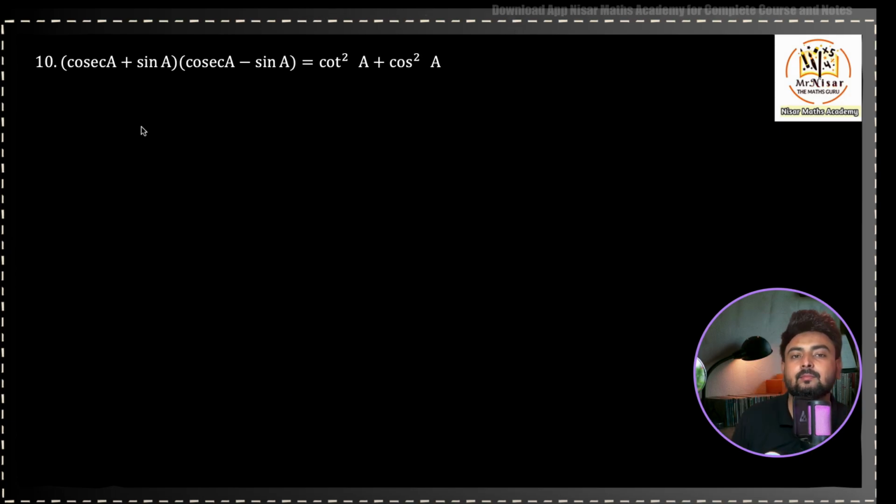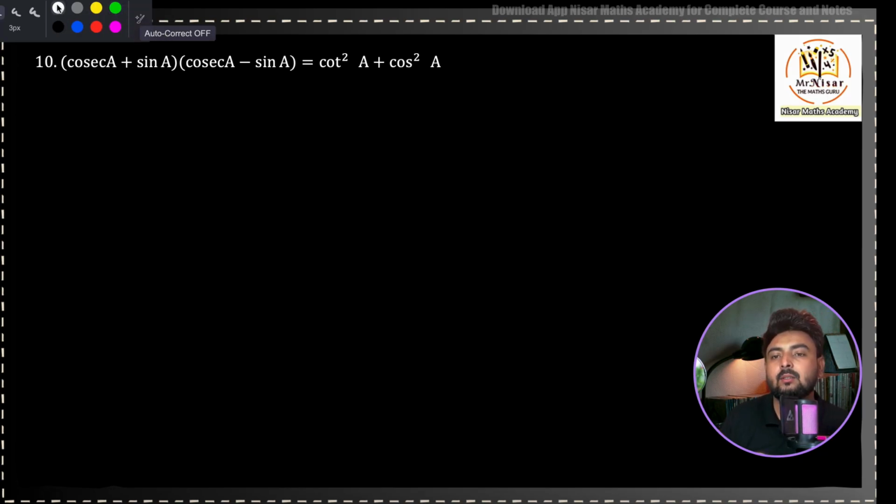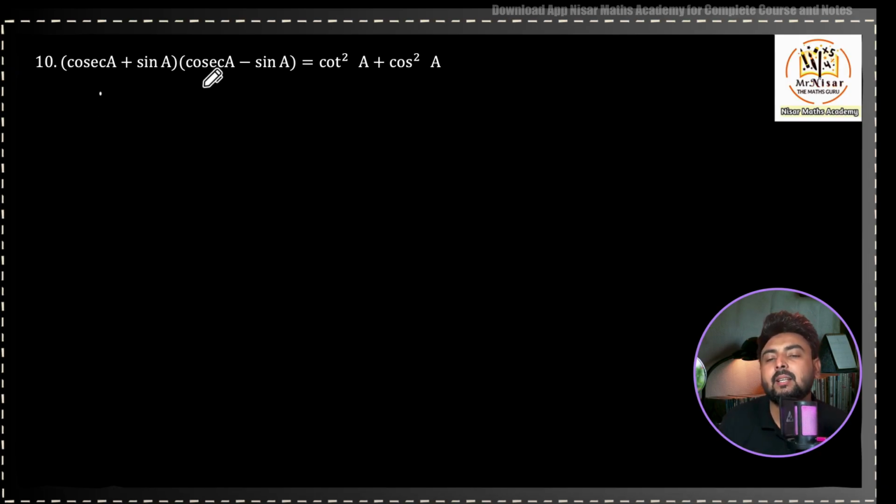Yeah. So in the next question we have cosec a plus sin a into cosec a minus sin a. We need to prove this as cot square a plus cos square a. Okay. Children, before starting this question, you observe the question carefully. You should not directly start converting it into sin and cos.